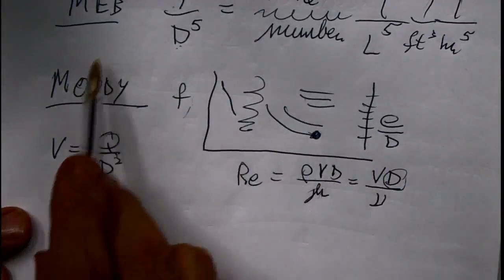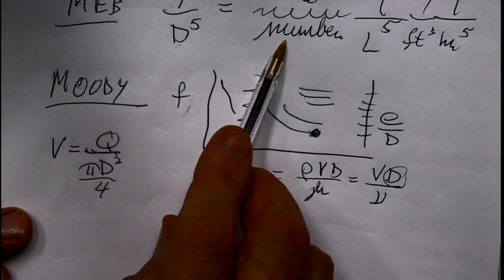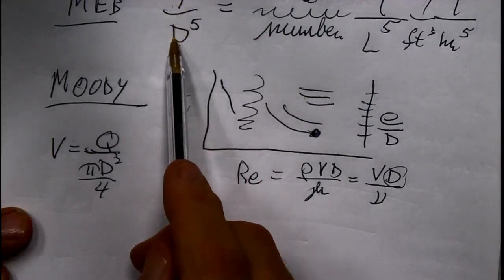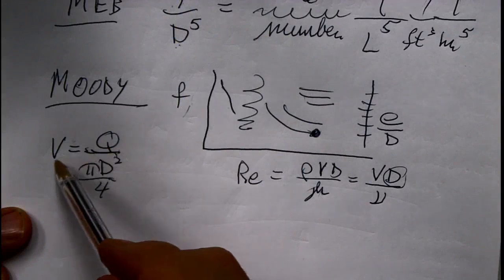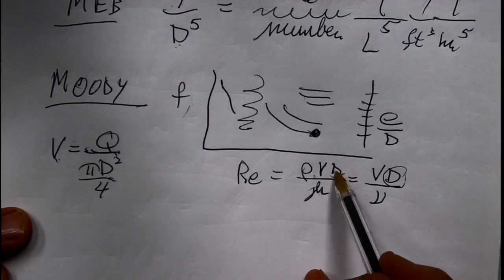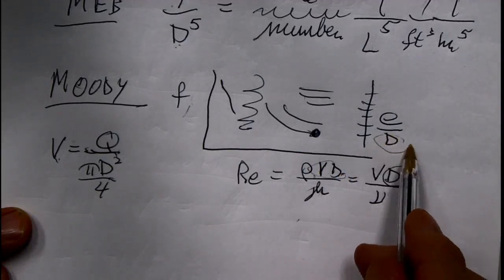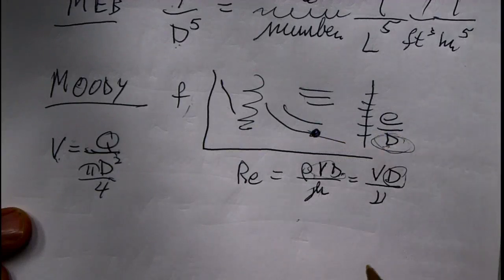So as soon as I calculate the diameter from the mechanical energy balance, I guess an F, calculate a diameter, drop down with the diameter and volumetric flow rate, calculate velocity. With the velocity and the diameter, calculate the Reynolds number. Then I put the diameter right here to get the relative roughness.